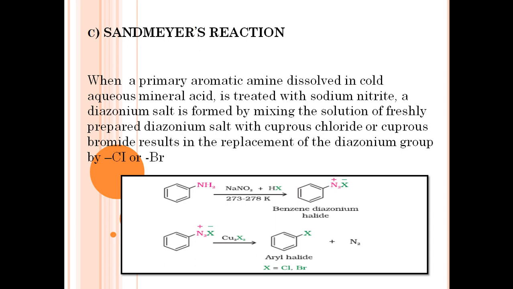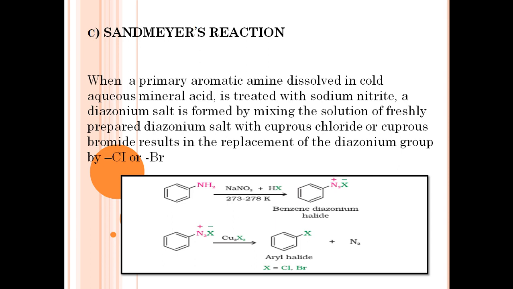Next reaction is Sandmeyer's reaction. It is very important, and you also learn this reaction in the unit on amines, and so many times it is asked in board examinations. When a primary aromatic amine dissolved in cold aqueous mineral acid is treated with sodium nitrite, a diazonium salt is formed.